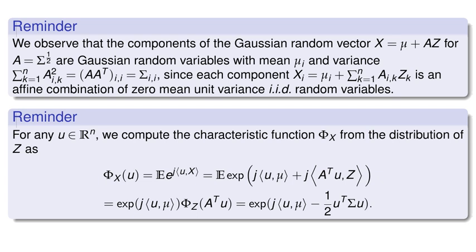Since A A transpose is sigma, this is exponential minus 1/2 u transpose sigma u. Putting it all together, phi sub x of u equals exponential of the quantity j inner product u mu minus 1/2 u transpose sigma u. This is the characteristic function for a Gaussian random vector with mean mu and covariance sigma.